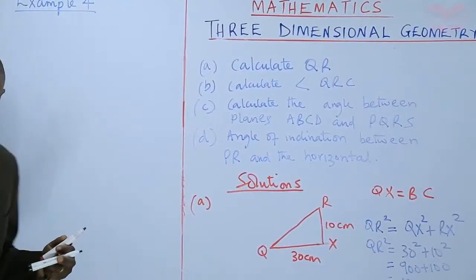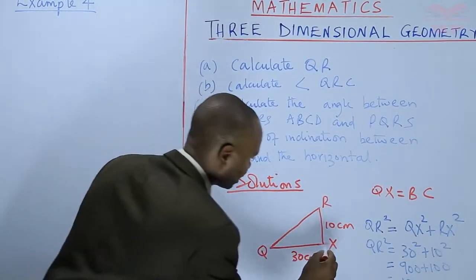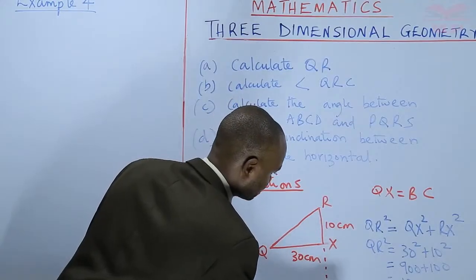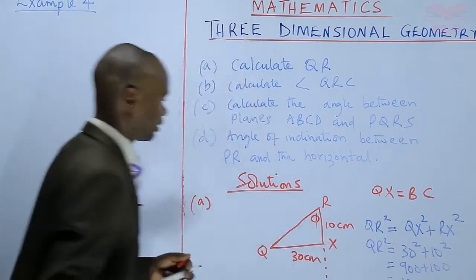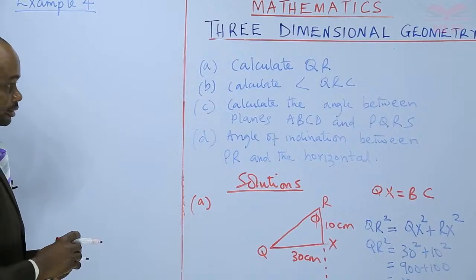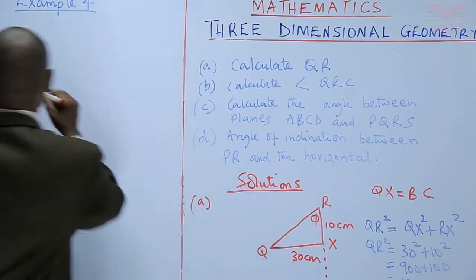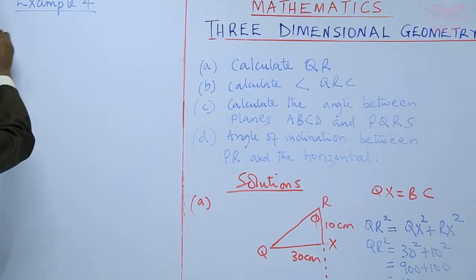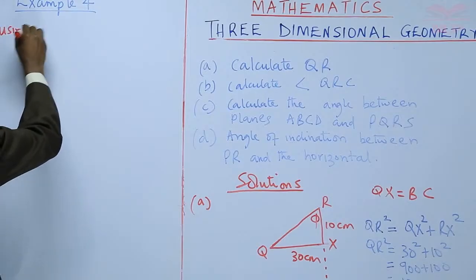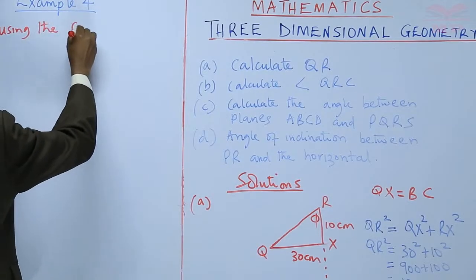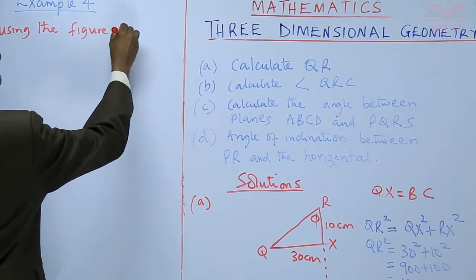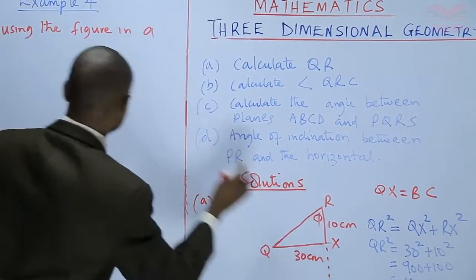Angle QRC. You note C is somewhere here. So they are talking about that angle. So B, using the figure in A, you'll say tan theta.